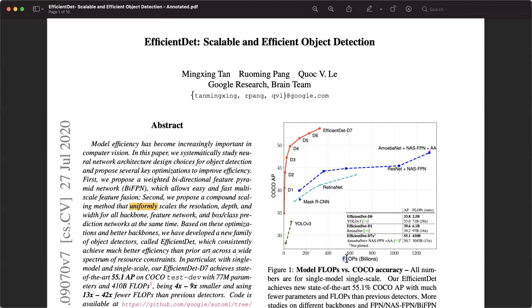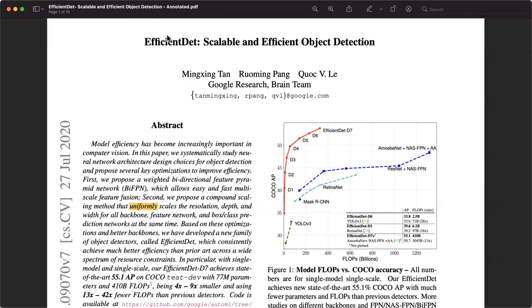But in short, this is used as a metric to evaluate a model's computation cost. In the y-axis is the COCO average precision, higher the better.